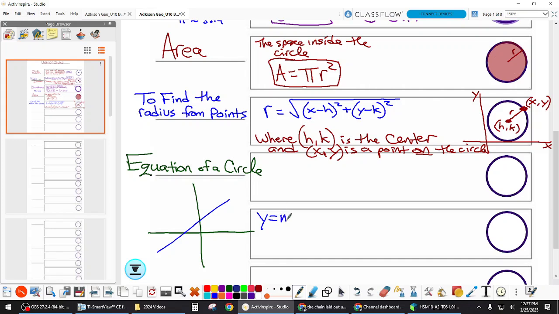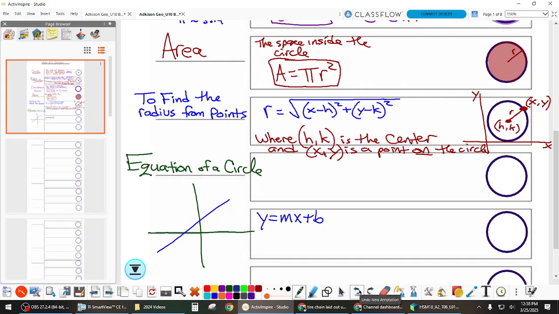What does m stand for in mx plus b? It's the slope. So it's telling us that this line is this steep rather than like this steep or this steep, right? It's telling us how steep it is.